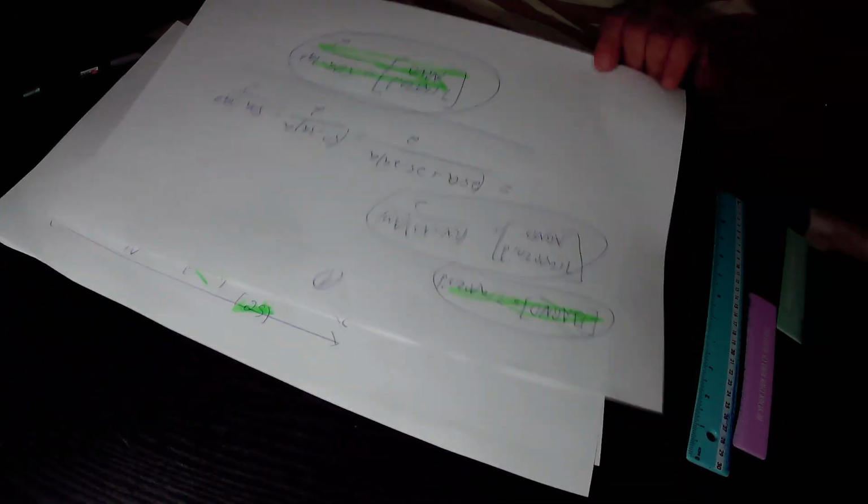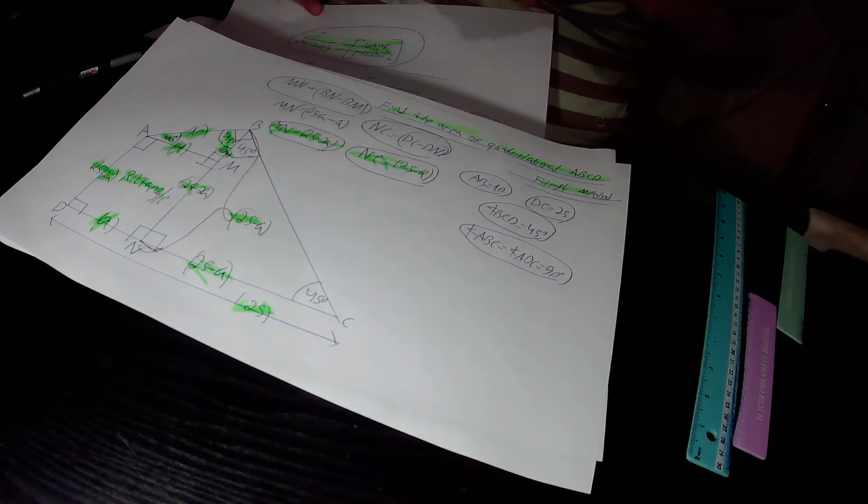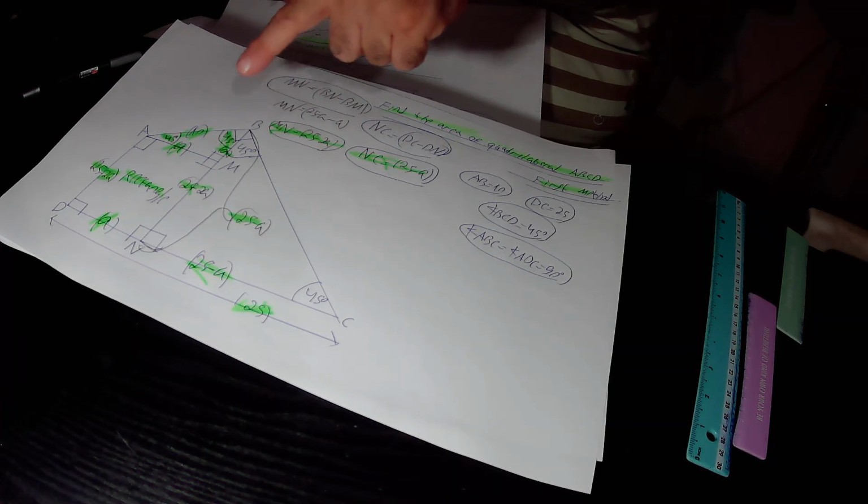In the next step, we will apply the Pythagoras theorem on this small right triangle ABM. So I copy the small right triangle ABM in an equation.